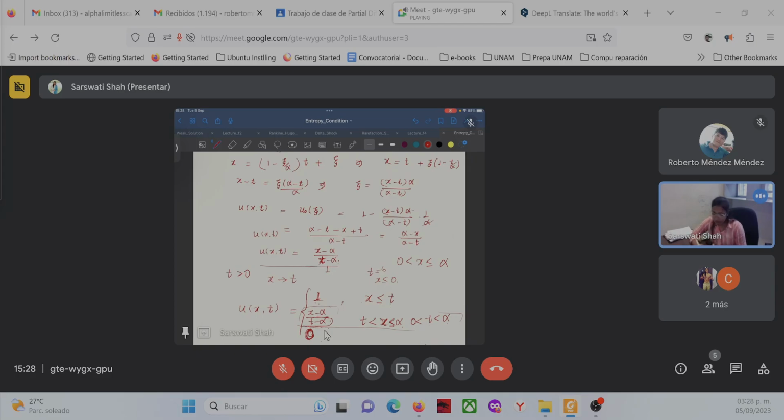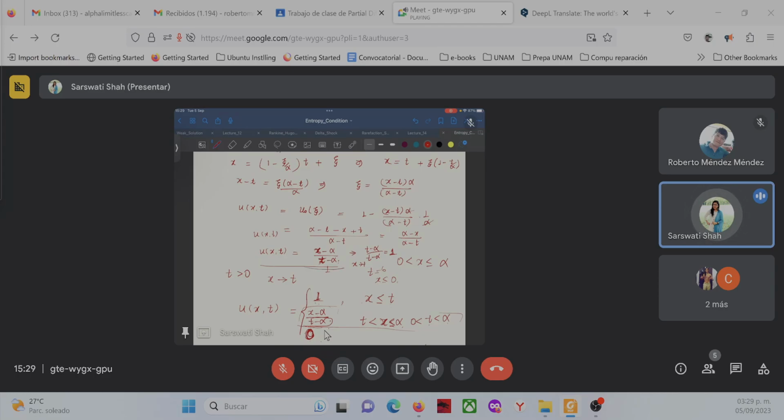Now with this solution, you can see that as soon as x approaches t from the right, it becomes t minus alpha over t minus alpha. And what does it become? 1. It means it is giving the solution 1. And what is the condition? We also have the solution on the left side of this curve.